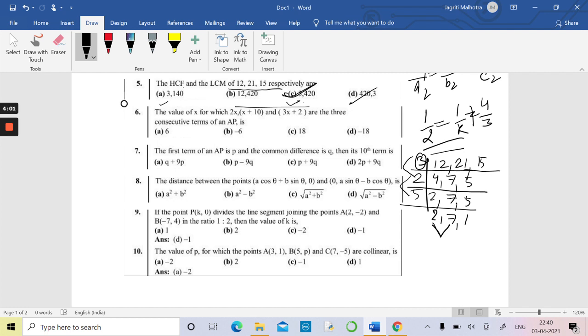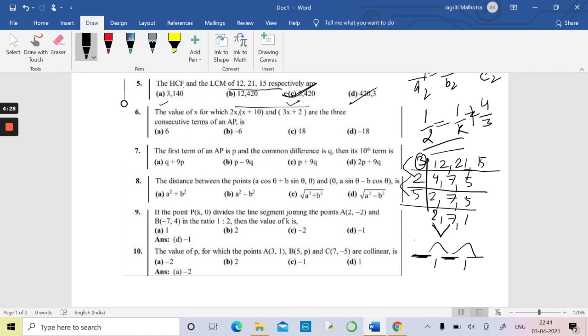The value of x for which 2x, x plus 10 and 3x plus 2 are the 3 consecutive terms of an AP. As we know, if these 3 terms are in an AP, they have a common difference. That means when we take out the difference of the first two and the difference of the last two, they must be equal.